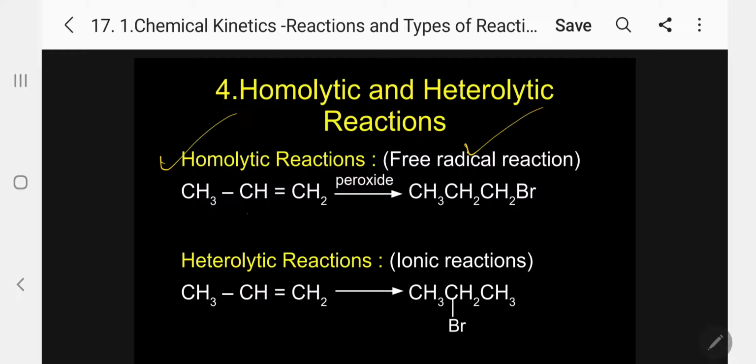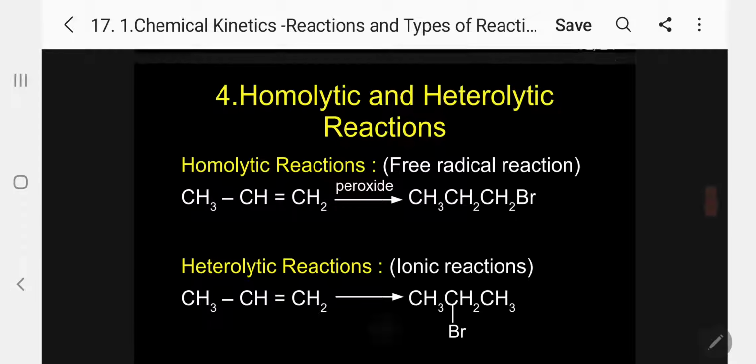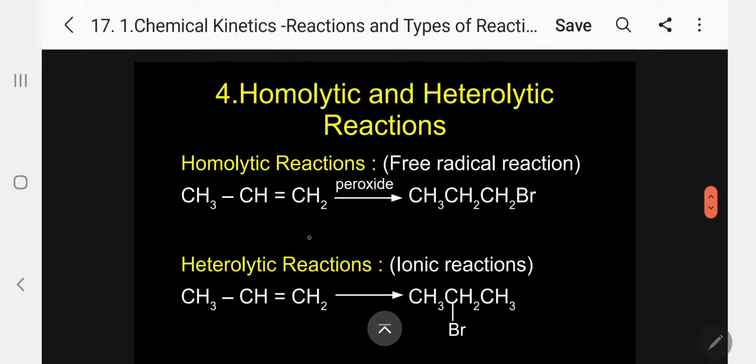A specific example: 1-propene with peroxide. In the presence of peroxide, the product formed is 1-bromopropane. I can give you a simple specific example that is normally used. Perbenzoic acid is normally used. What is perbenzoic acid?